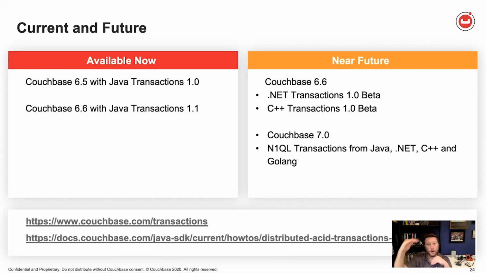So even if you modify a few items with the data service directly through the KV commands, and then you do a query, your query will be consistent with respect to the updates that you made earlier in that transaction. If you do an update statement against the query service, that will all happen atomically with everything else that you're doing in that transaction. So very, very cool. Something that we're going to be looking to ship in 7.0 in the not too distant future.